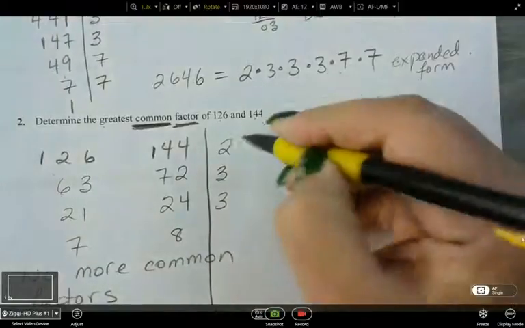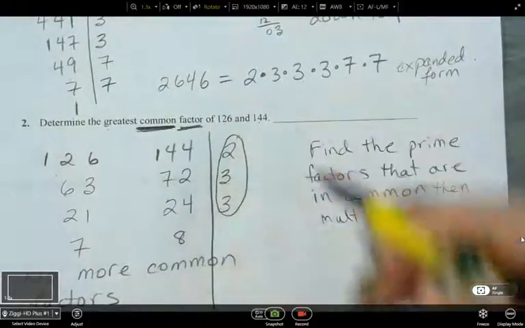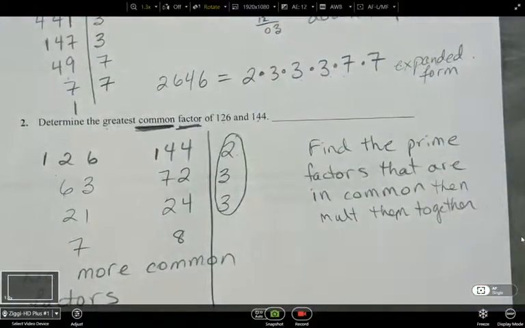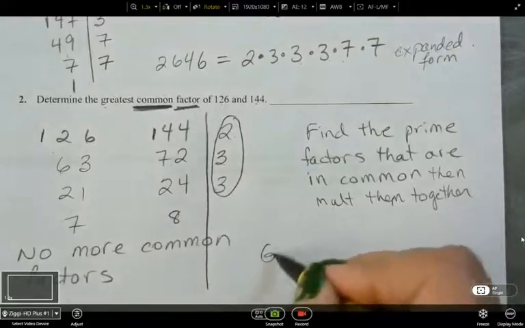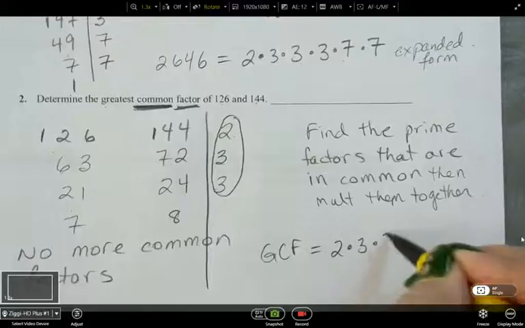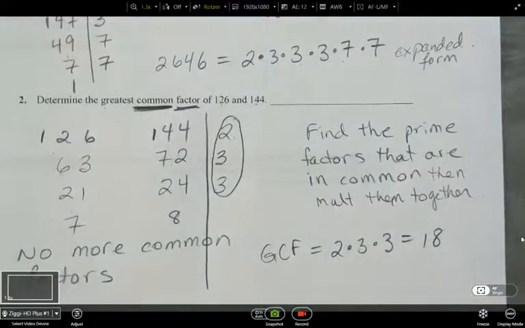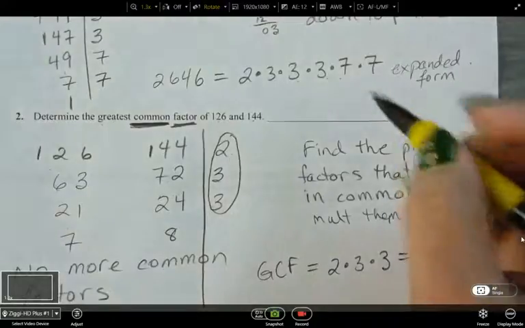Okay, so what we do for greatest common factor is we take these numbers here and we multiply them together to get our final answer. So our GCF is 2 times 3 times 3, which in this case is 18.